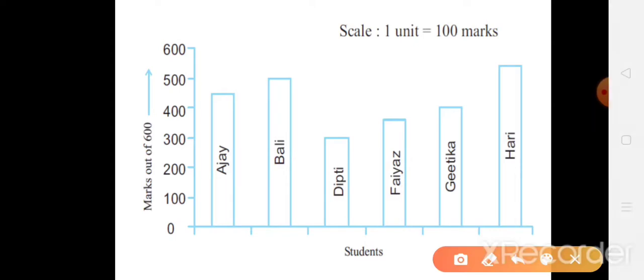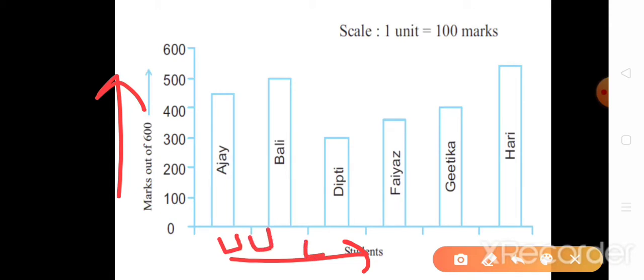Now, first and foremost thing, notice the x-axis here and the y-axis. Okay, and the gaps here, as you can see, are all what? Equal, right? The widths of the bars are equal, as well as the gaps between these bars are also equal.